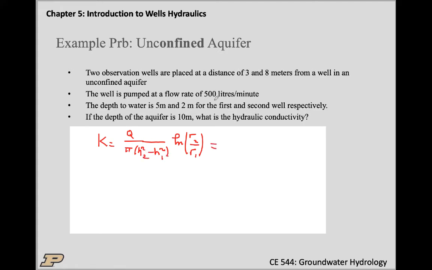Okay. Now we do some conversion, right? I'm getting lost here, 500 liters per minute. So you convert that to cubic meters per day. It's always better to work in meters and days, right?